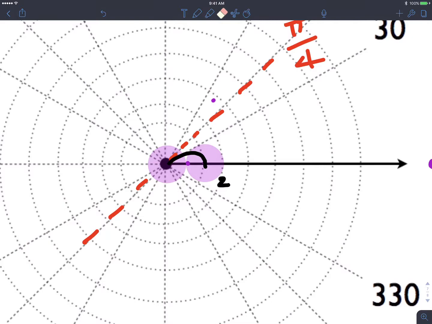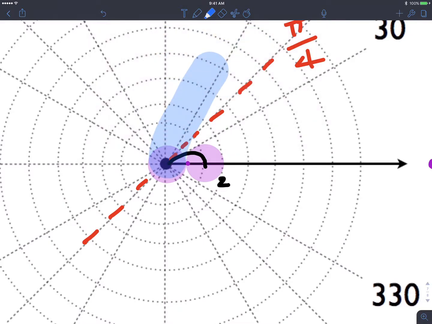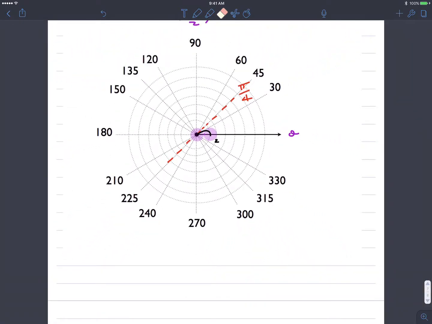I'm going to rotate now from 45 degrees to 90 degrees. And let's use this blue. I'm going to show you what's going on. Here's my angle.